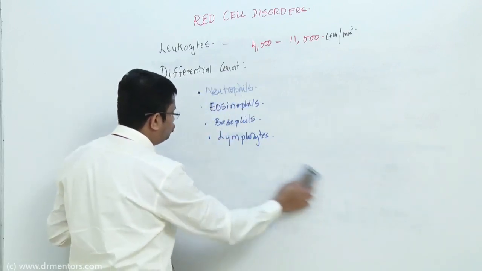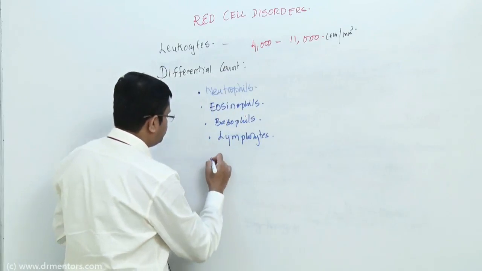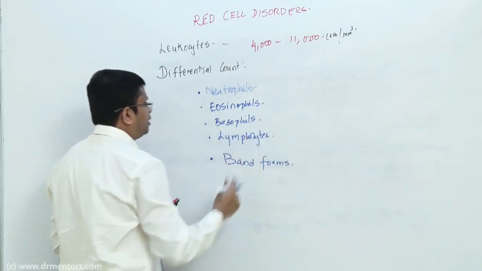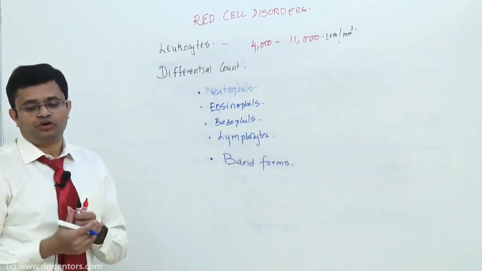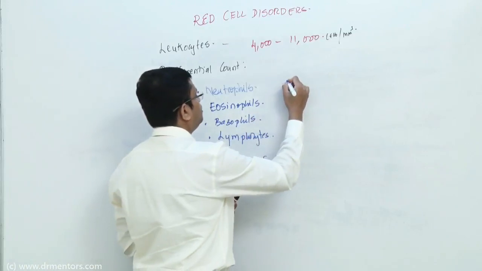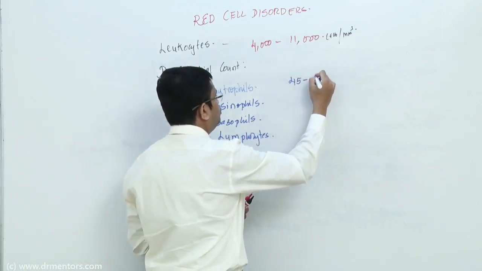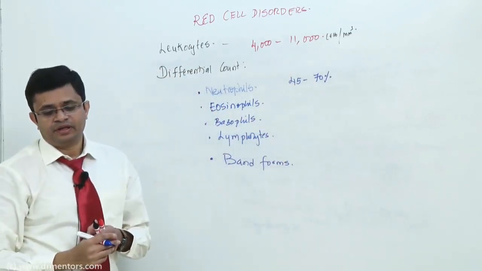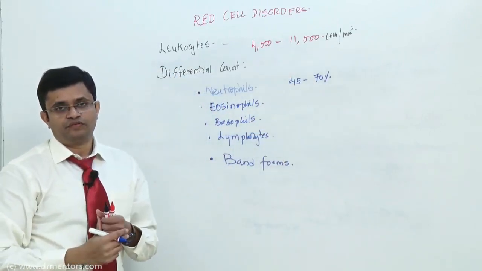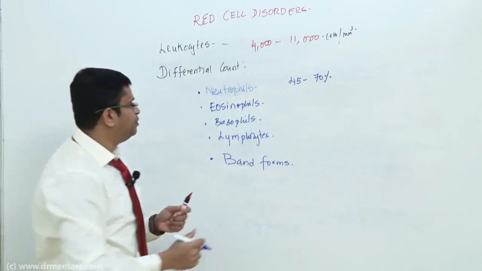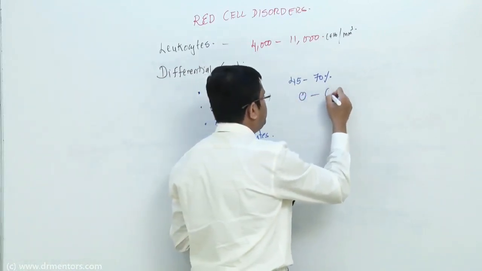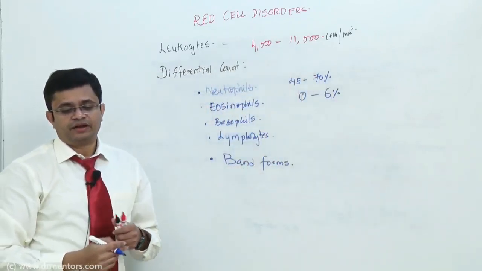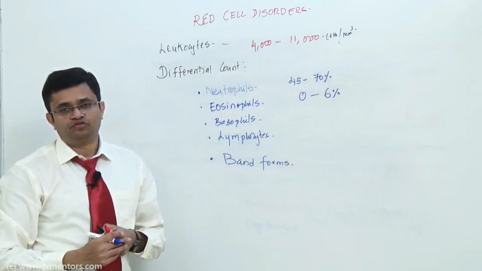Normally you will not see blasts. The normal range of neutrophils in any given peripheral smear is 45 to 70%. Eosinophils range from 0 up to 6%. The 6% is the cutoff value for eosinophils.